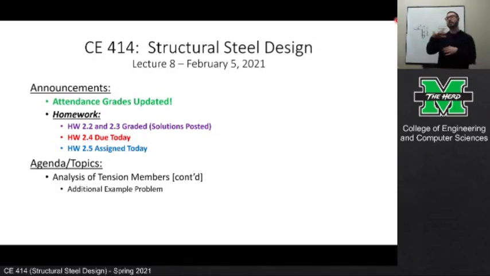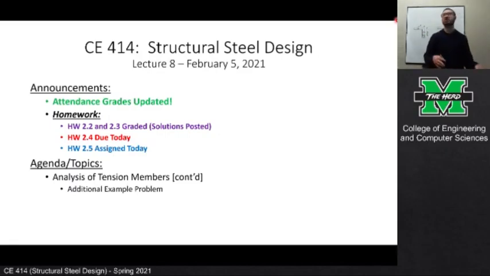Now, you're also bringing up another point, that for that problem, it didn't matter, because when you did the gross section yielding check and the net section fracture check, you found that gross section yielding ended up governing. The point I'm making there is that's why we check both, right? There are 2 limit states. There's actually going to be 3 limit states later on in about a week or so, and you check them all, and whichever one is the controlling one is the one that governs your design.